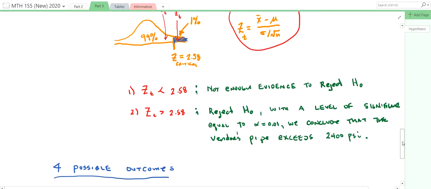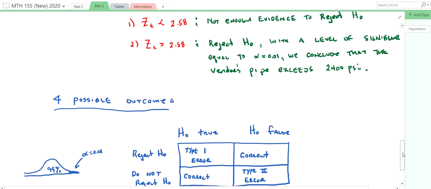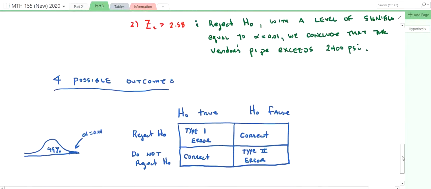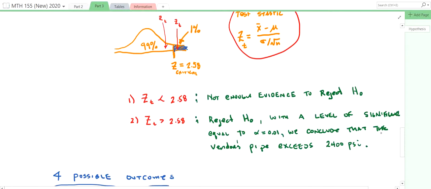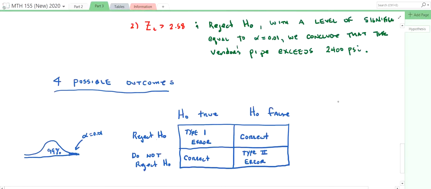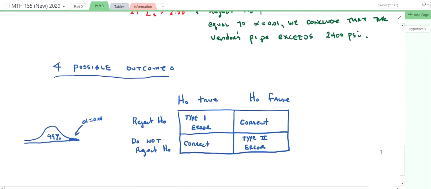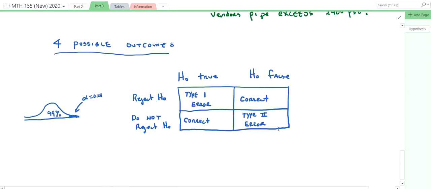strength. However, it's possible that we are wrong, and we have a 1% chance of being wrong. So what we're saying is we're 99% confident that we made the right decision by rejecting the null hypothesis there.